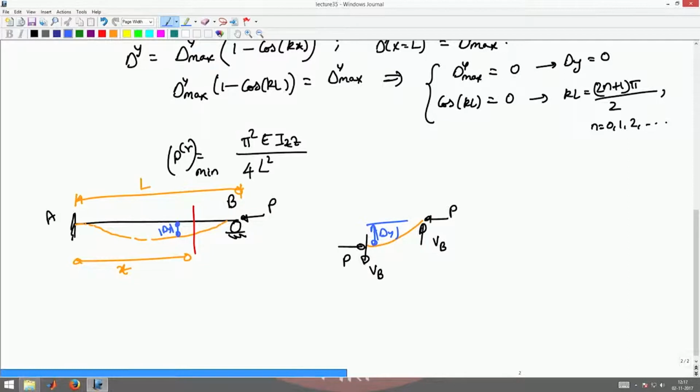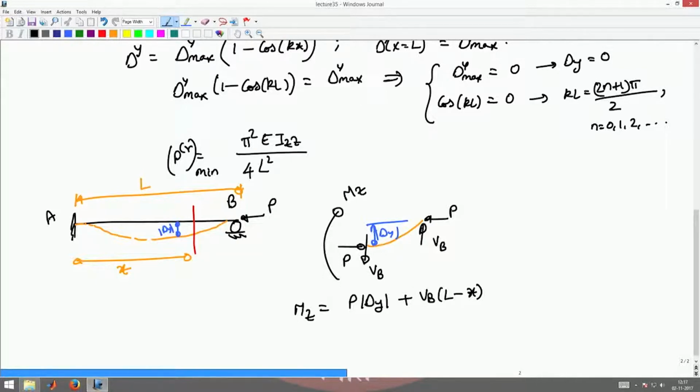Now, the moment M would be, P into delta y produces a clockwise moment, and Vb into L minus x, which is that distance, produces an anticlockwise moment. So, M would be P into absolute value of delta y plus Vb into L minus x. Okay. So, this is the moment.